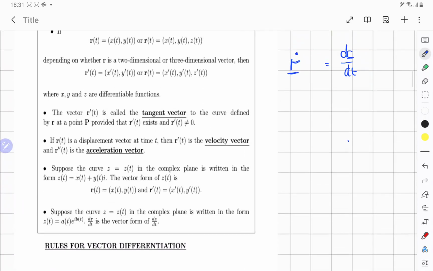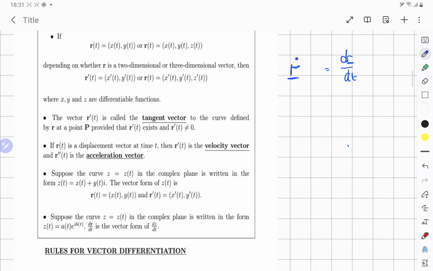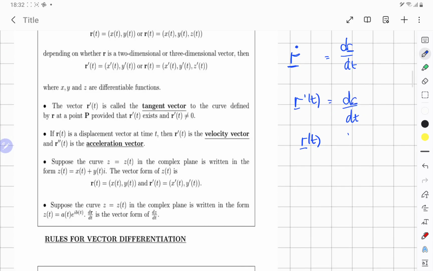Now, as you can recall from first year, the derivative with respect to t, where r(t) is our 2 or 3-dimensional curve, the derivative to this curve or the derivative to that vector will be the tangent vector to the curve defined by r at a specific point.